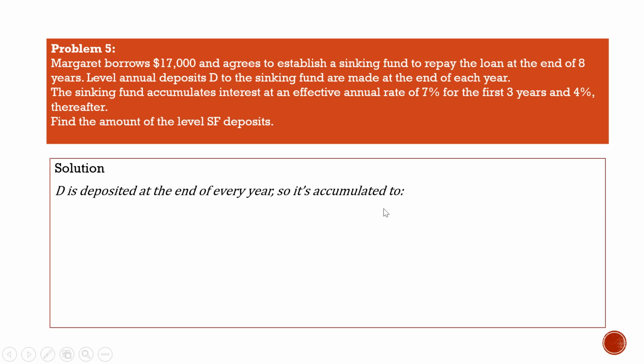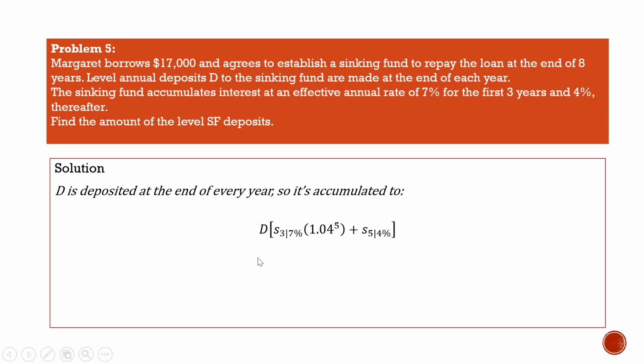So at the end of 8 years, the 8 equal deposits should accumulate to D times s angle 3 at 7% times 1.04 to the fifth plus s angle 5 at 4%.